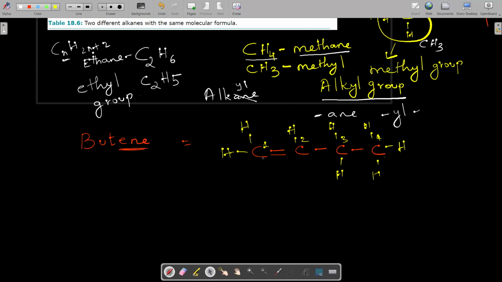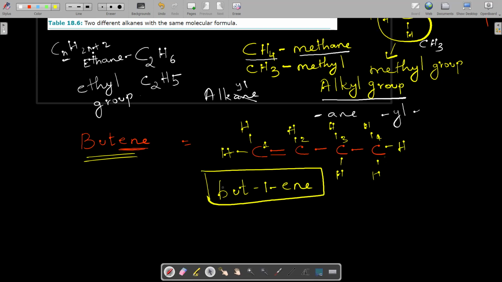Now, let's be a little more specific. Where is the double bond? Where is the functional group in the alkene? It's on the first carbon. So the name will change from butene to but1-ene. Hope it's not confusing.